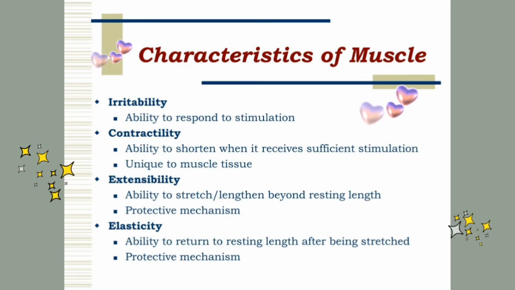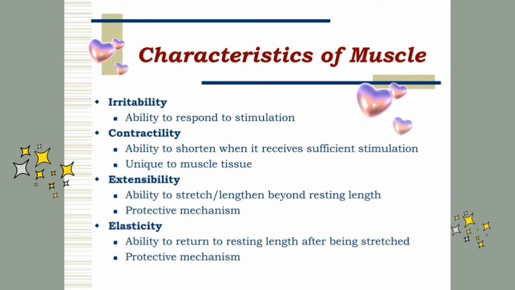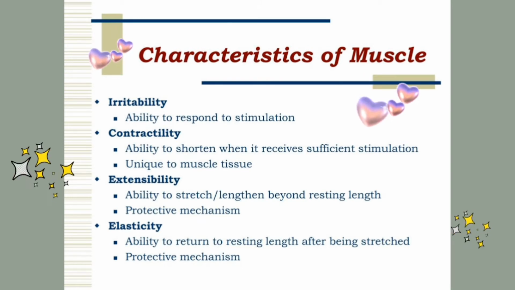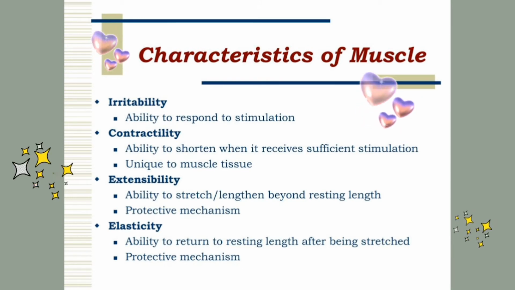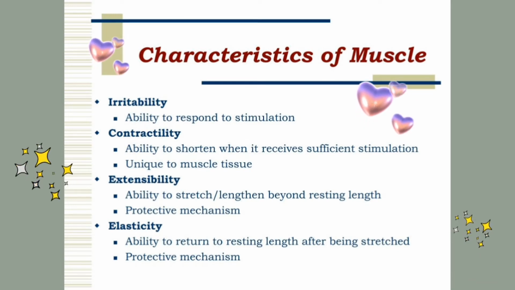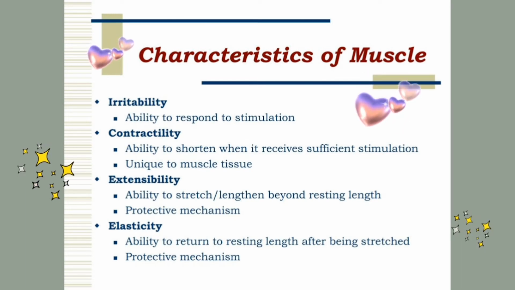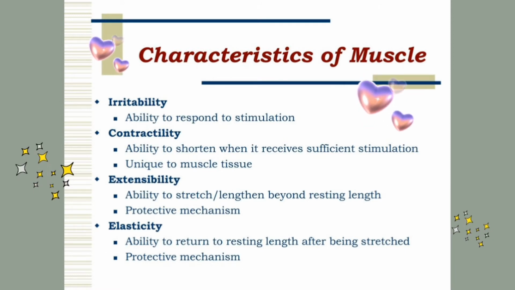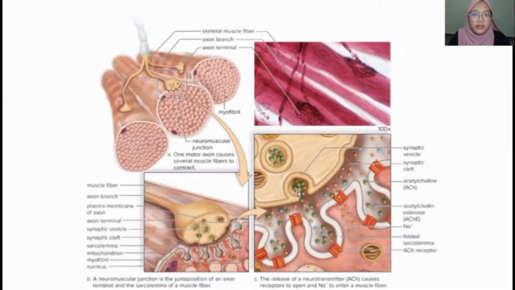This is a very important part where every characteristic of muscles we need to know. The first one is excitability, second one contractility, third one extensibility, the fourth one is elasticity. So from here, we know that muscles are very important.